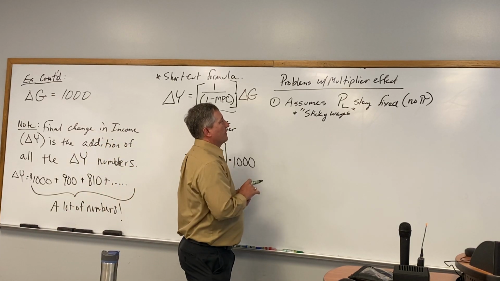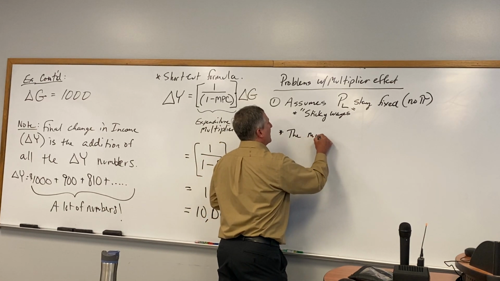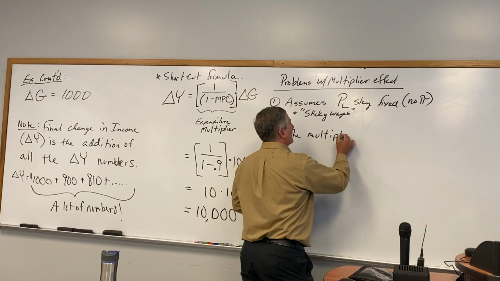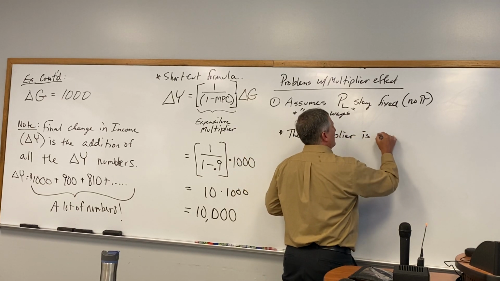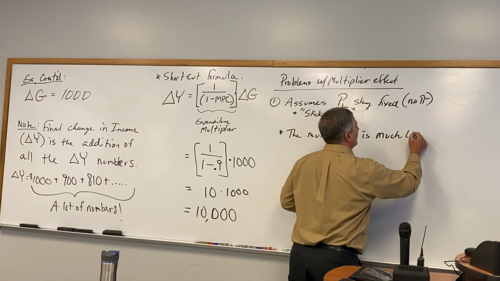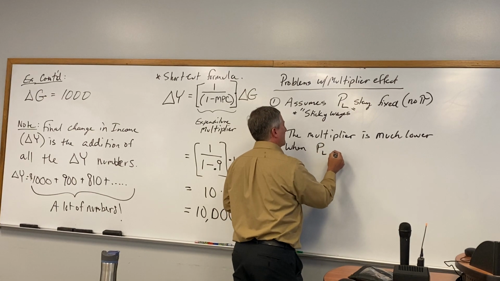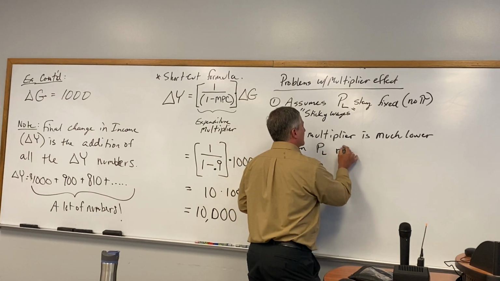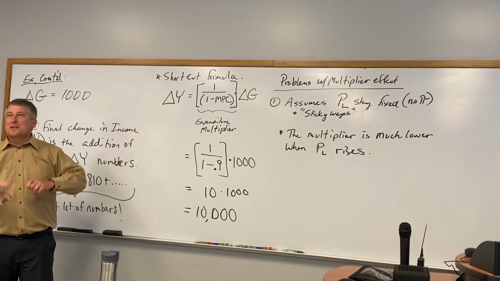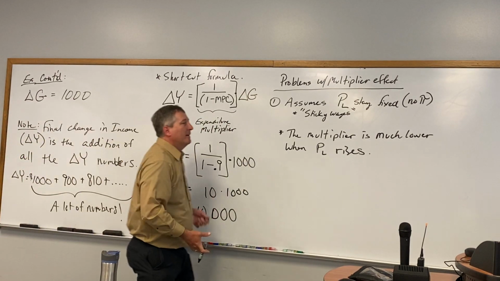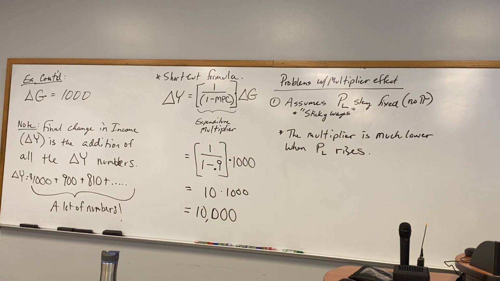So as soon as the price level stays fixed, the multiplier is much lower when prices rise, when the price level rises. So we're not getting as big of a bang. We're not going to get a 10. We're going to get something less if prices are taken into account.